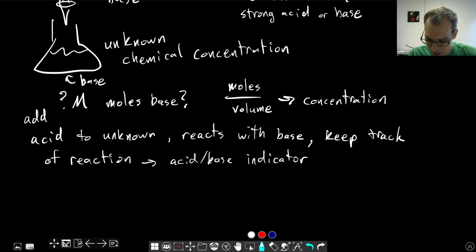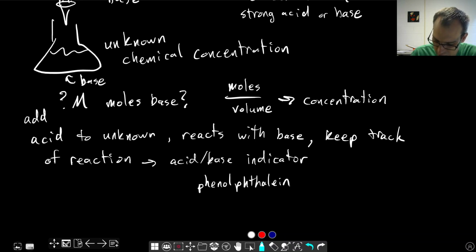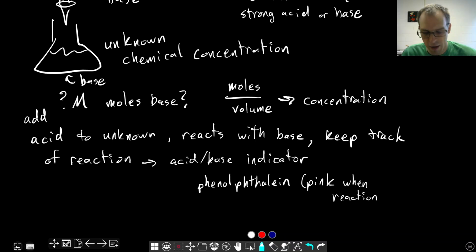But one example, and there are many acid-base indicators, this is just one example, is phenolphthalein, is how it's spelled. And this turns pink when the reaction is complete. And so in a titration, you add just enough of your titrant to cause the indicator to change color, and that's when you know you've completed the reaction.